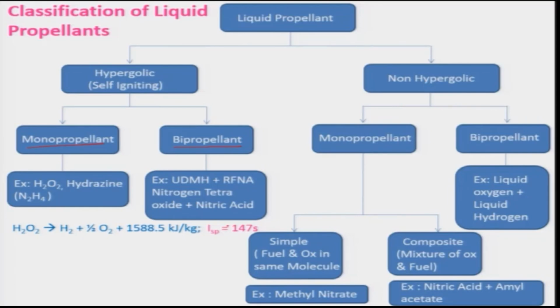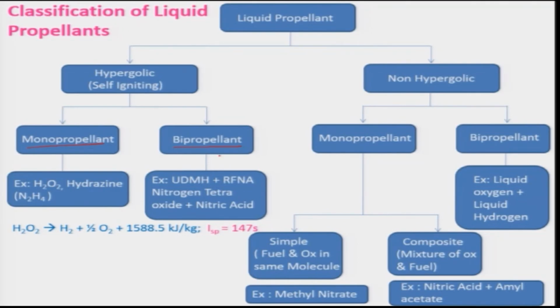Therefore, it is used particularly in space applications wherever one has to use it for a short time, and also for, let us say, orbital reorientation of satellites, such that it can be utilized very easily.